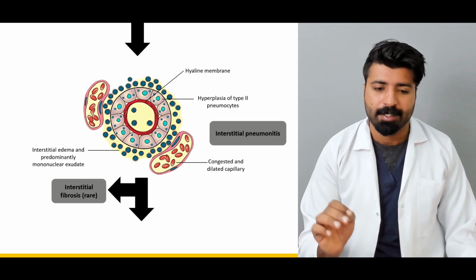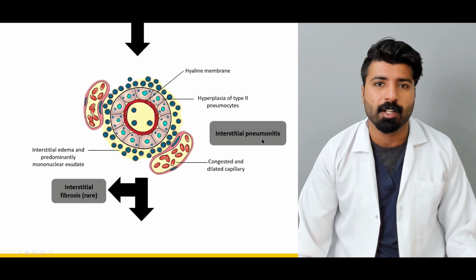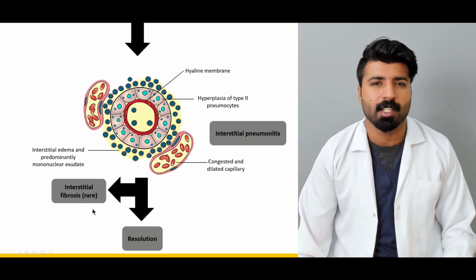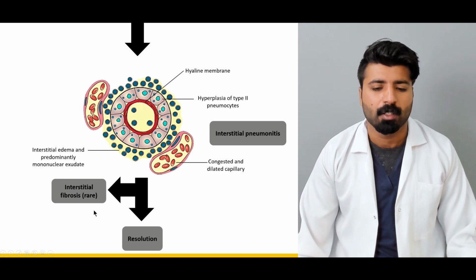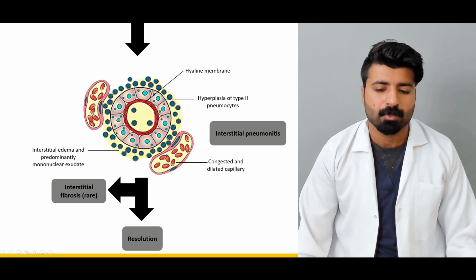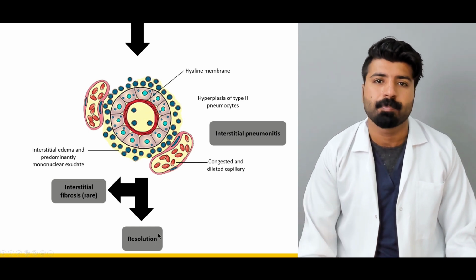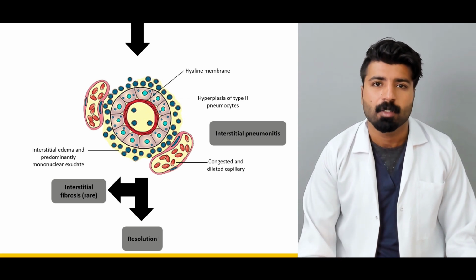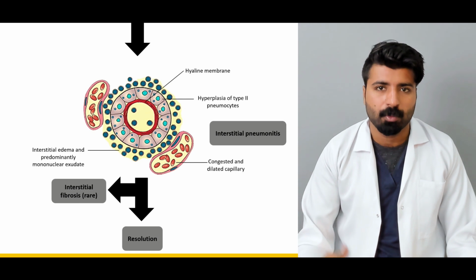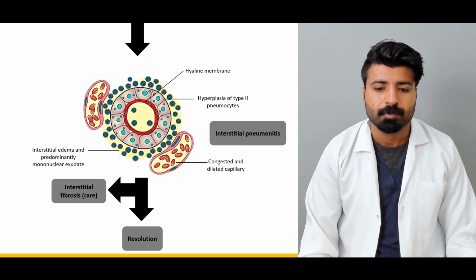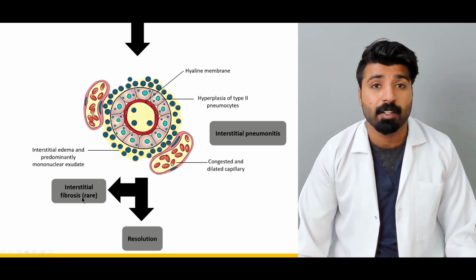Just like that, in this stage, when we have got interstitial pneumonitis, either the patient will have interstitial fibrosis, which is very rare in this condition because they're mild, or it will get resolved, which is a better chance because all the viral diseases have some time. After that time, if you keep the patient hydrated, if you keep the patient on the best kind of medication, they'll just go away. So interstitial fibrosis is very rare in this condition.